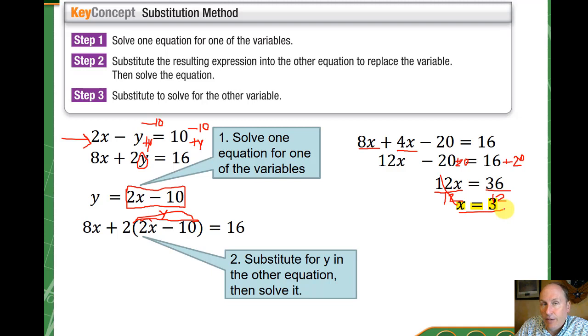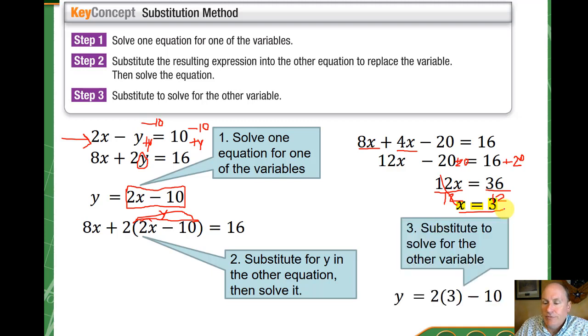So the final step, once you've identified one of the two variables, is to substitute that value into the other equation. Now, we have already solved for the other variable, so it's y equals 2x minus 10. We're going to substitute in x equals 3 into that because we know that our solution occurs where x equals 3.